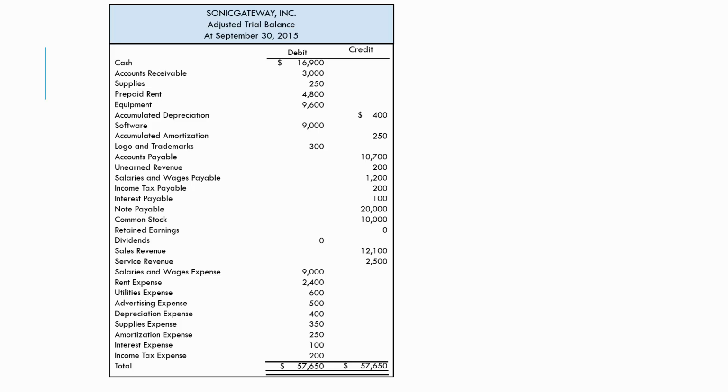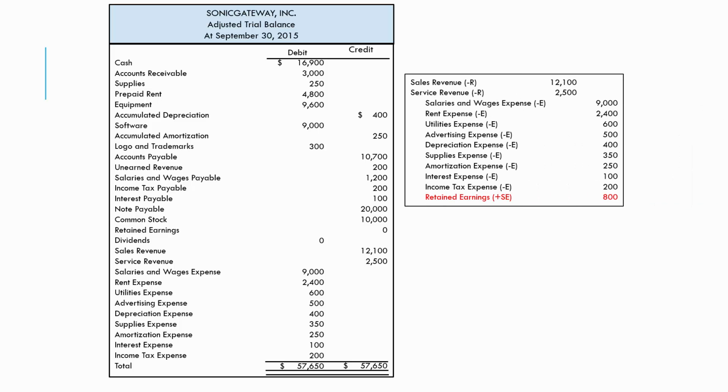So here we have the adjusted trial balance. An adjusted trial balance means after the adjusting journal entries have been done. With this, what we need to do is just go down and pick up the revenue accounts, take this number, which is a credit here, and debit it, this number, which is likewise a credit, debit it, and then all these expenses, we are picking up these accounts and listing them.